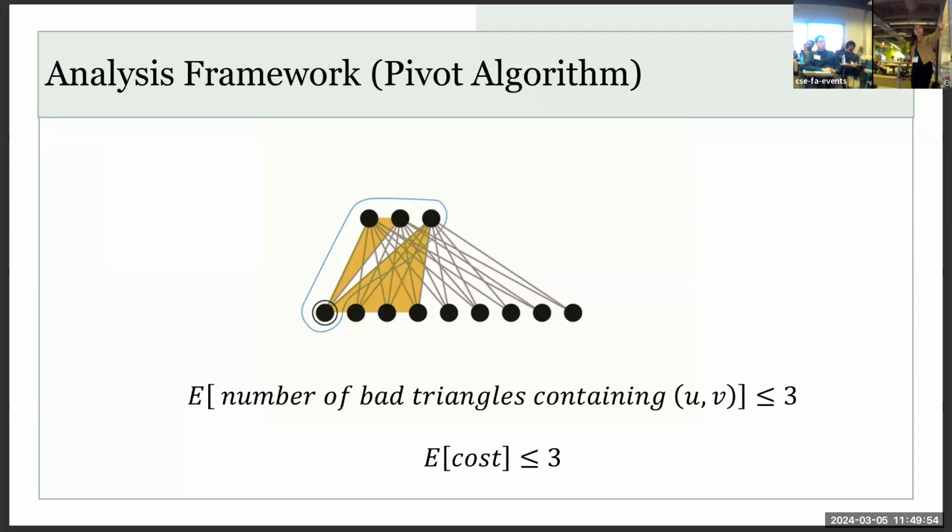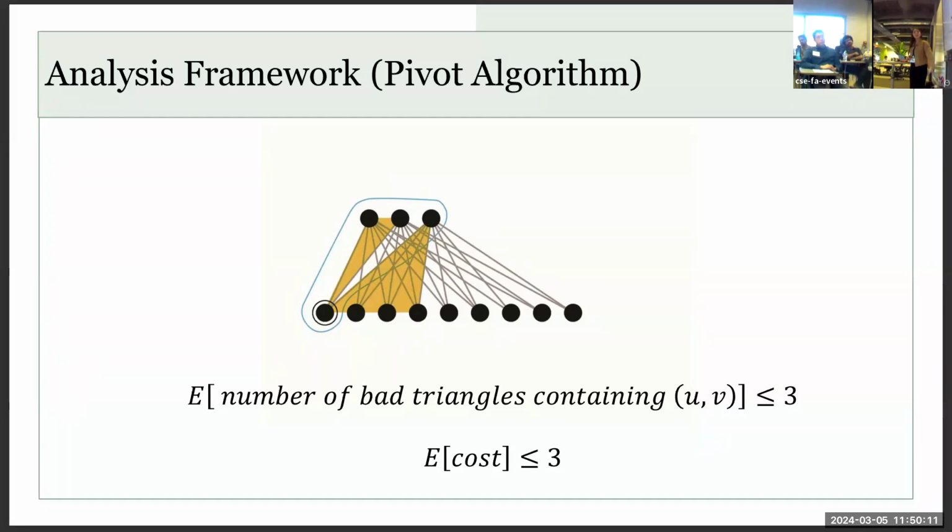So we charge a bad triangle for the non-edges, and we have to charge for the edges that are between the cluster and the rest of the vertices. We also have to pick a bad triangle to charge for this instead.